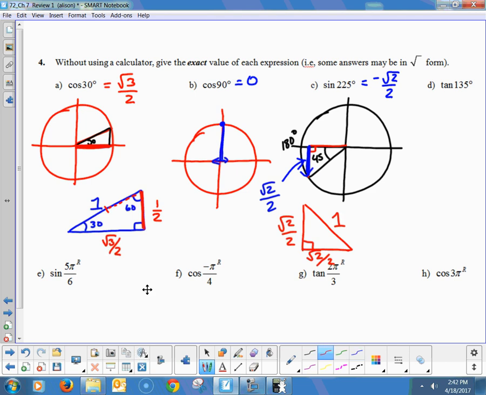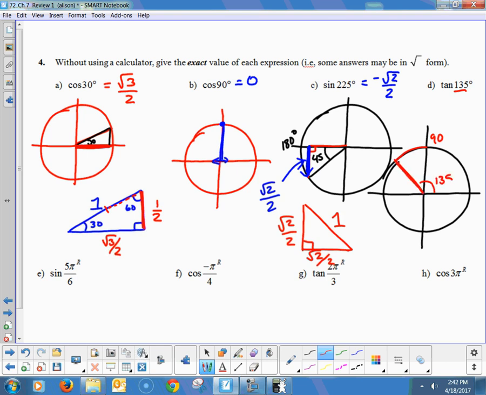Tangent of 135 degrees. Here we go. 135 degrees, well here's 90. And 135 is 45 more than that. So here is 135 degrees. And the tangent, hopefully you remember that the tangent of an angle is the sine of the angle over the cosine of the angle, or it's the y's over the x's.